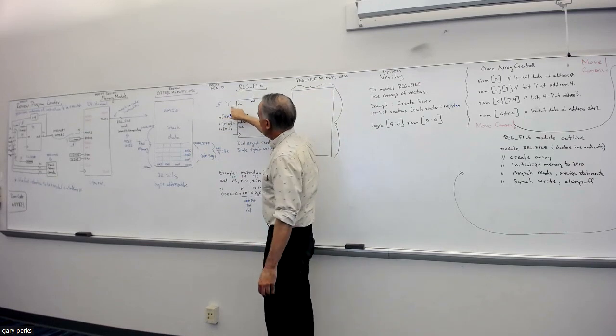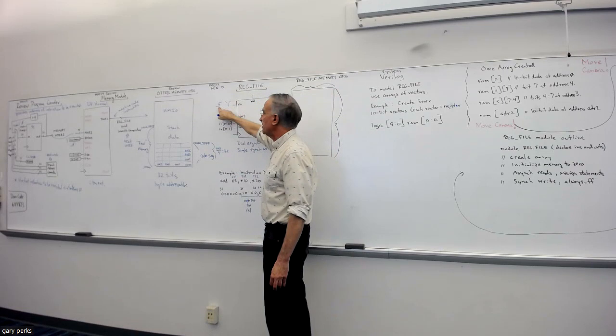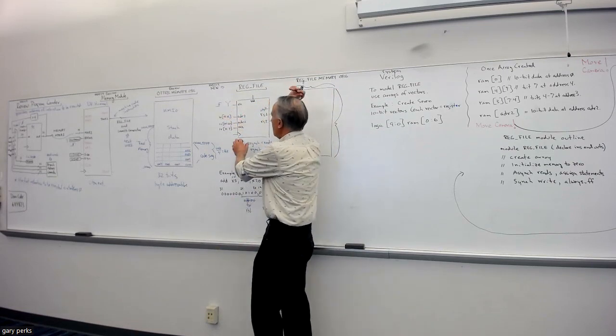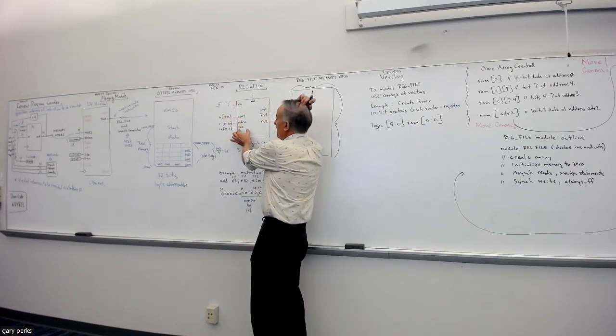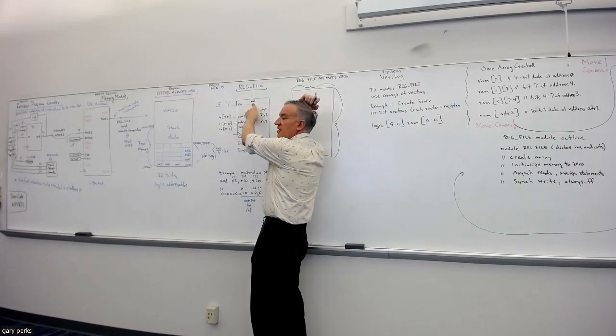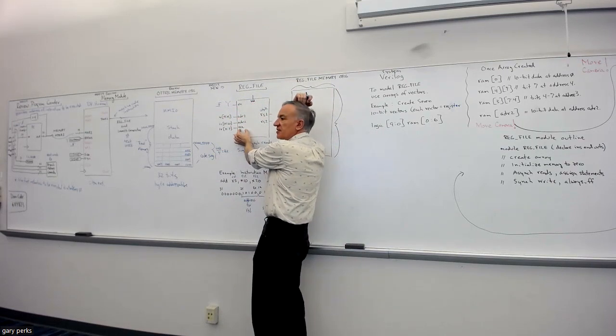So what will happen when this enable is a 1 at the time of this 0 to 1 transition of the clock is that whatever data we have here on this input, WD, will get written into the register whose address is here. Right?